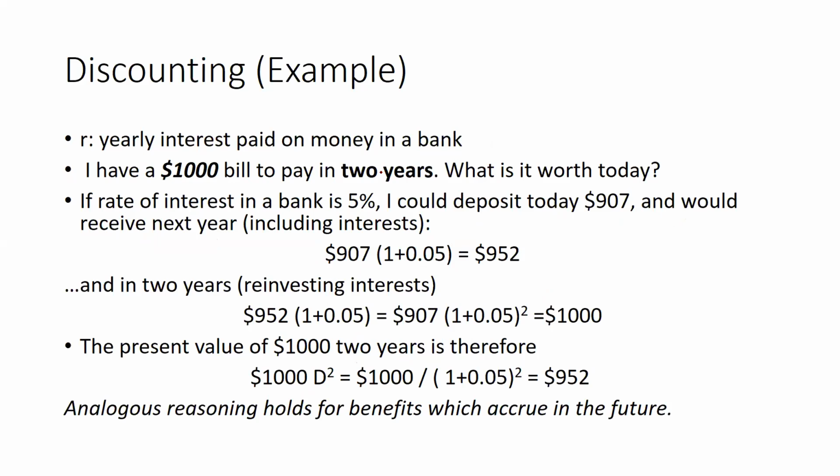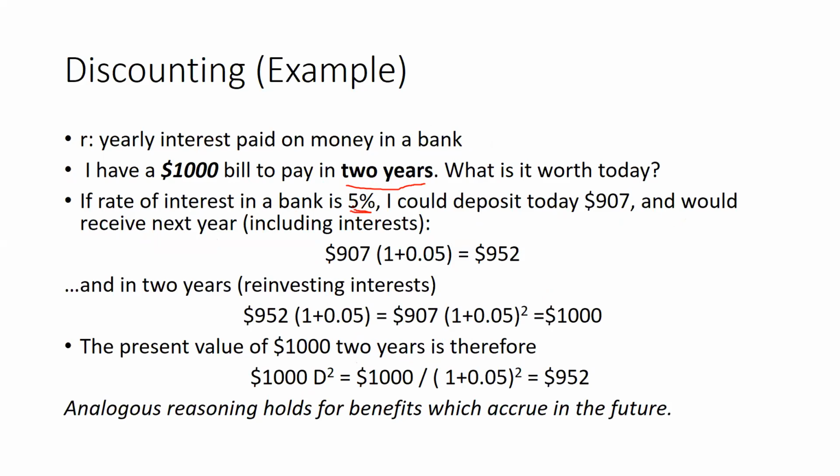We started this example by saying, would you rather have $1,000 in 2 years or $900 today? So let's see what it looks like in a 2-year circumstance. What if I have to pay a $1,000 bill in 2 years? What is it worth today? Well, we've got that same interest rate. We're assuming that interest rate doesn't change.